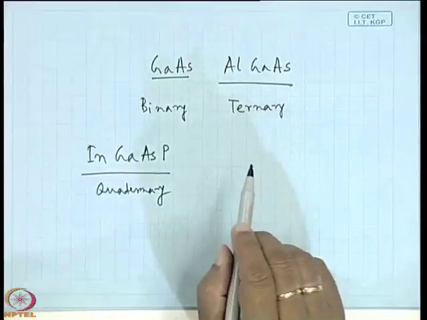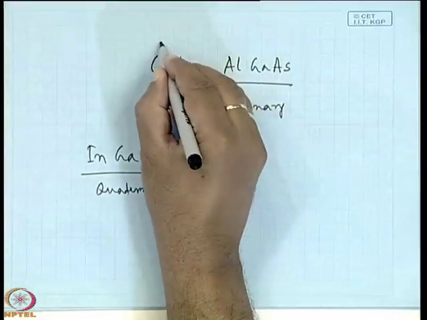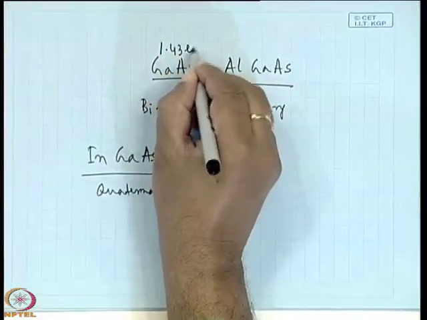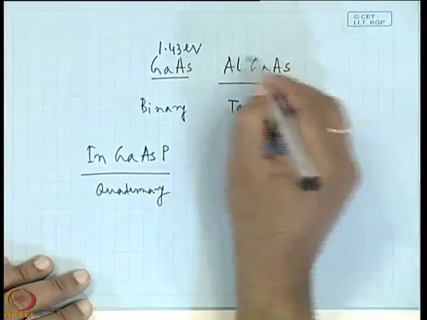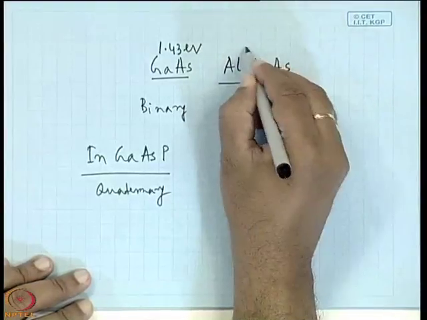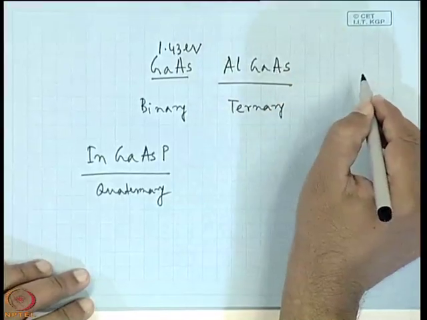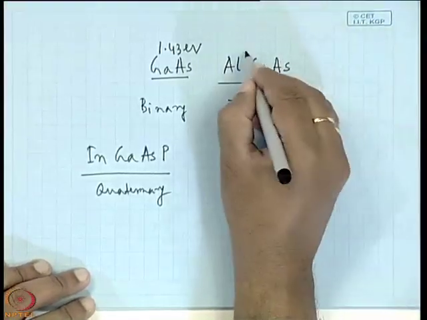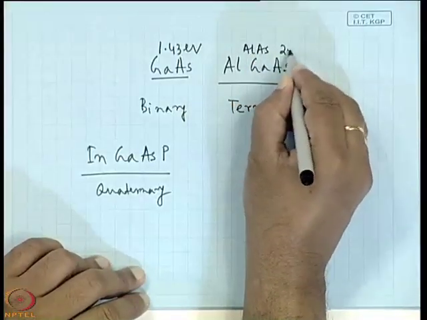What is the band gap of gallium arsenide? It is 1.43 electron volt. What is the band gap of aluminum arsenide? It is 2.1 electron volt.